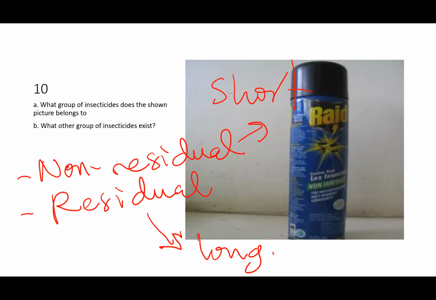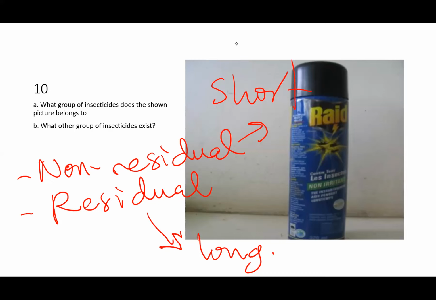Now you can see this insecticide that is shown here is a non-residual insecticide. The duration of contact on surfaces is short. The residual ones are compounds like organophosphates, carbamates, organochlorines, they are all long contacts.